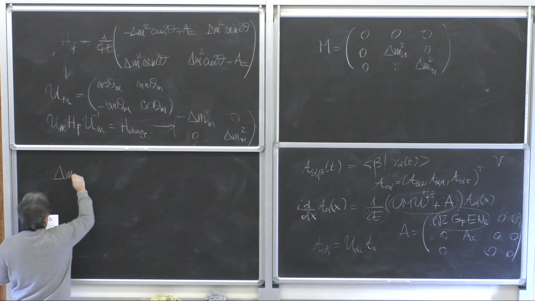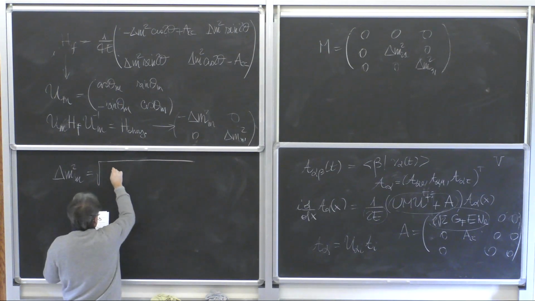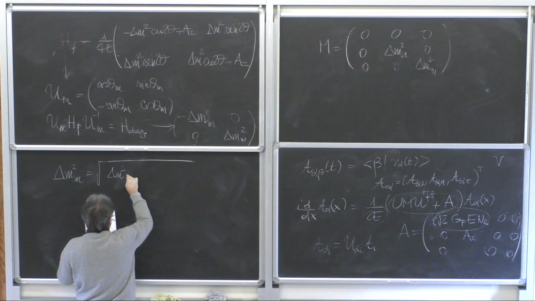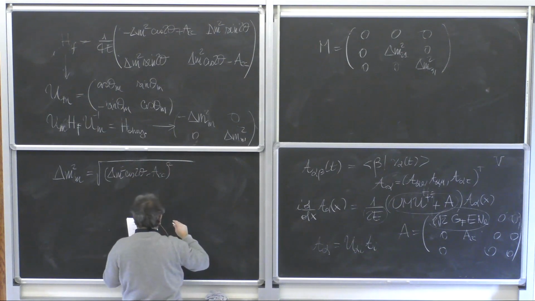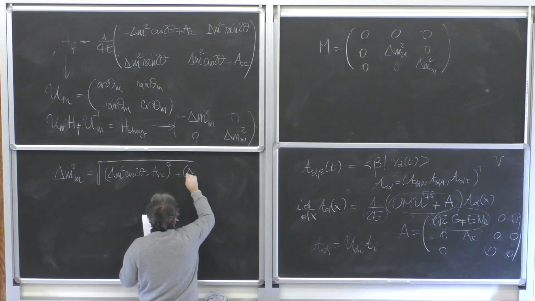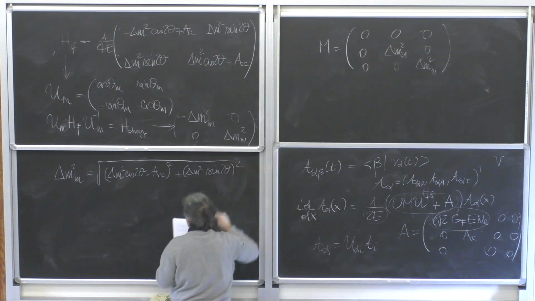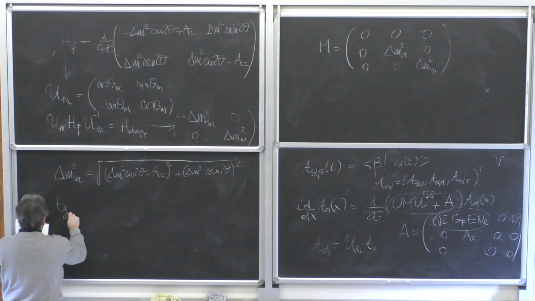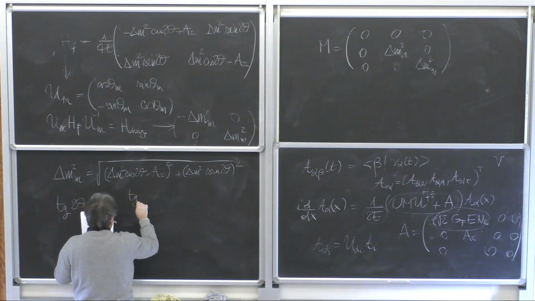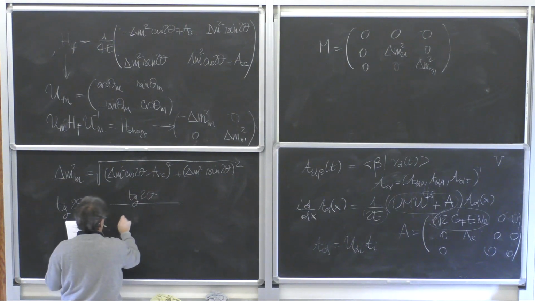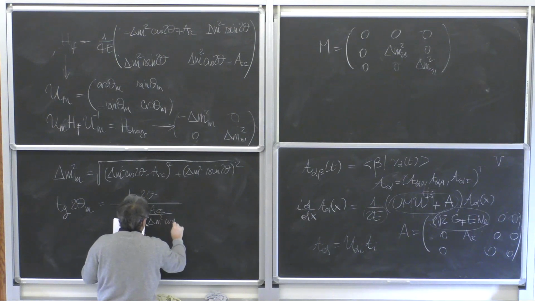So delta m squared in matter is equal to the square root of (delta m squared cos 2 theta minus A_cc) squared plus delta m squared sine 2 theta squared, and tangent 2 theta m is equal to tangent 2 theta divided by 1 minus A_cc divided by delta m squared cos 2 theta.